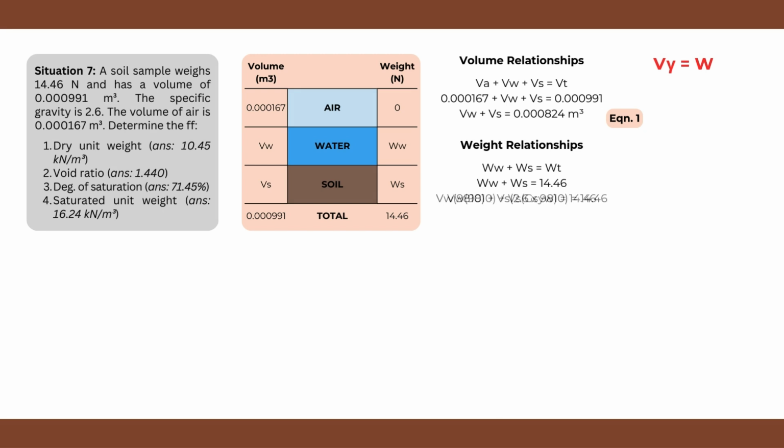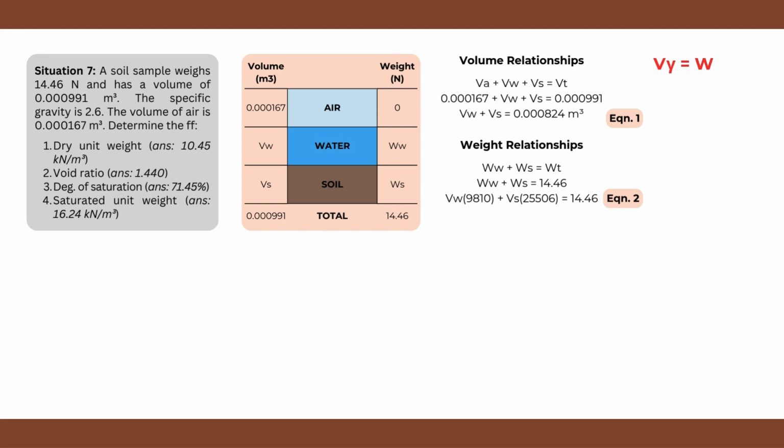Simplifying our equation, ang unknown variables na lang is yung volume of water and solid, similar to equation 1. At this point, set na natin to as our equation 2. And pwede na natin isolve both equations simultaneously.